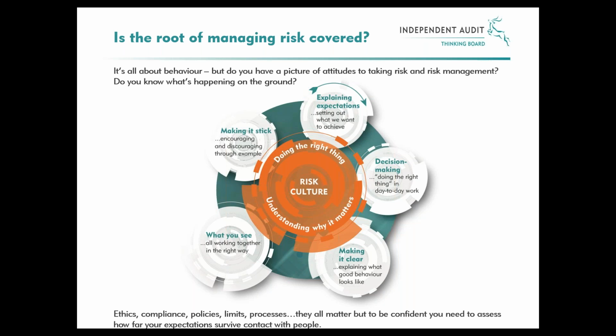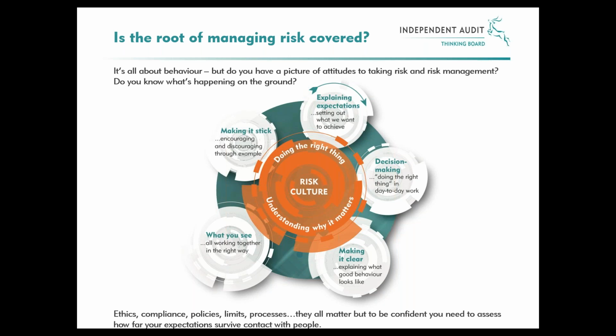So again, starting at 12 o'clock, it's really important to understand to what extent people feel the expectations around risk are actually explained effectively to them. And we all talk about risk appetite, but for most people across the organization, that's quite a difficult concept to relate to.